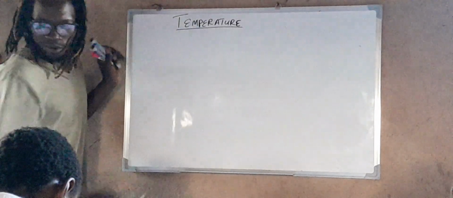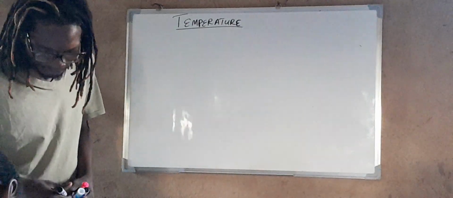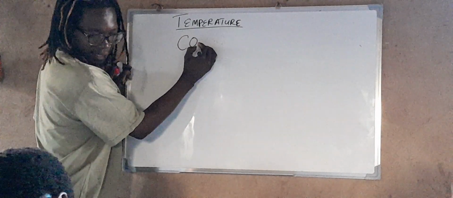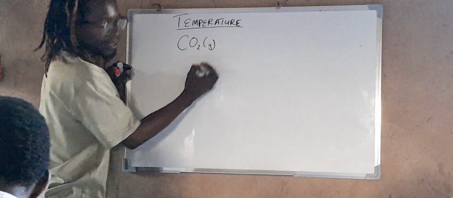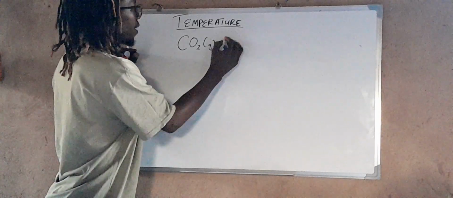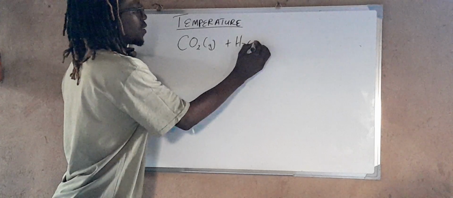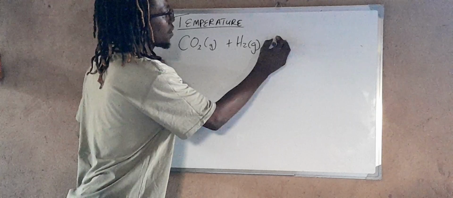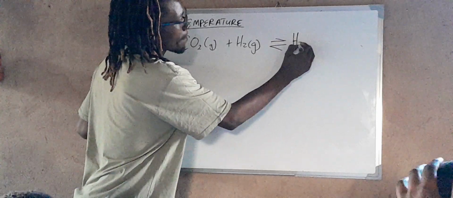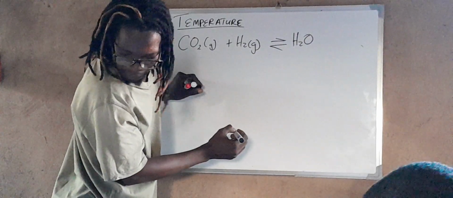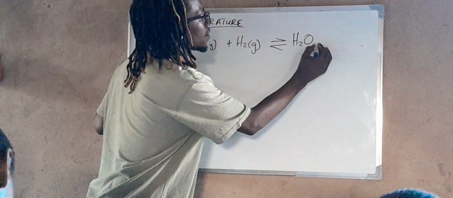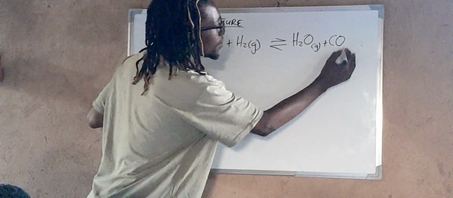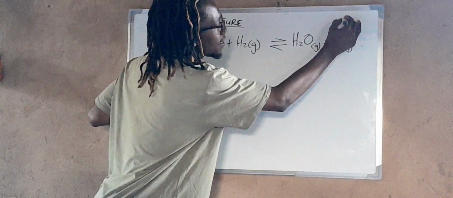So now we are going to have a different situation. We are going to have carbon dioxide being added, hydrogen, giving us water plus CO, and the enthalpy change is written.